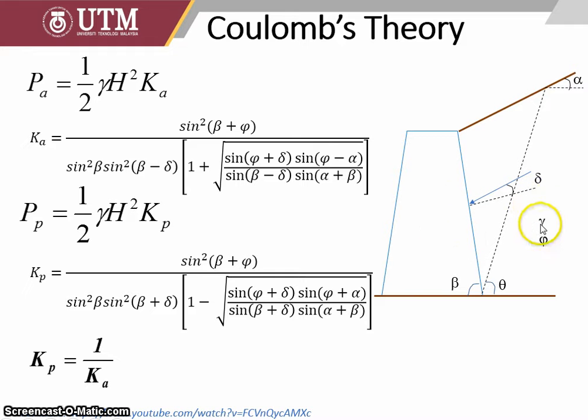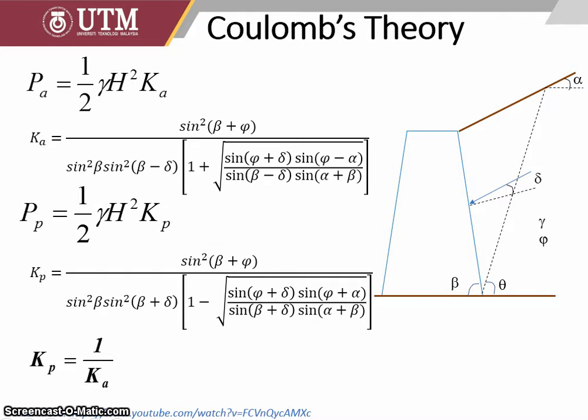The soil itself has gamma properties, unit weight, and angle of friction. At some condition, the failure line lies at the angle theta, and the retaining wall also has a beta angle. So Ka can be addressed like this, and Kp is the inverse of Ka, and the active pressure can be defined as simply as in Rankine just now.